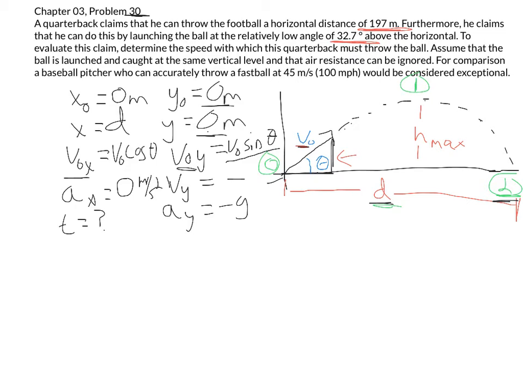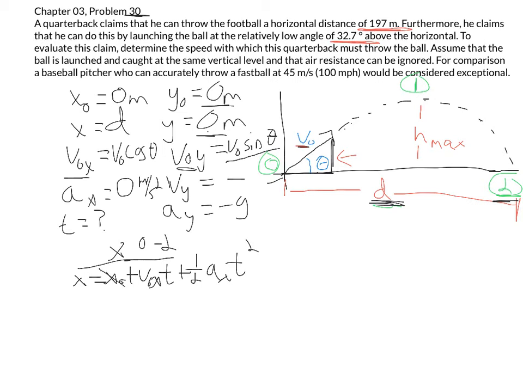Let's see what we can do to find the initial velocity if we start in the x direction with our distance, again looking from 0 to point 2. The only equation that is helpful when we have 0 x acceleration is x equals x initial plus v initial in the x times time plus 1/2 acceleration in the x times time squared.